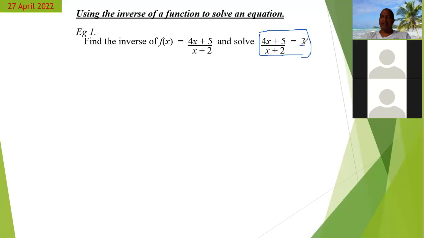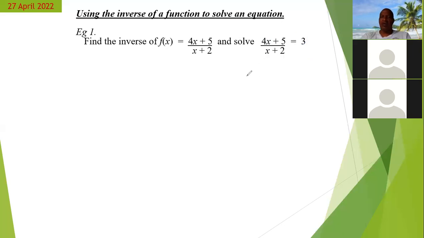So if we get the inverse function of f of x, we can just put in this value 3 in the function. So this would be the y value. And the inverse function would calculate and give us back our x values. So that's the idea behind it. All right, so I hope everybody understands what we're doing here.